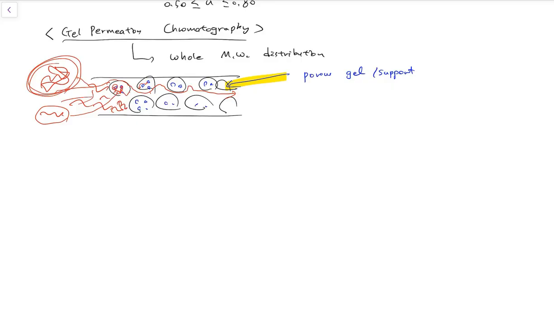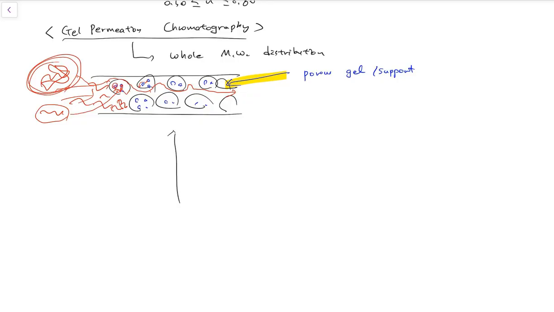So these high molecular weight, long chain polymers elute first, followed by relatively short chain, small molecular weight polymers. So if you plot the intensity as a function of elution time, you'll have this kind of distribution. So this is time 0.